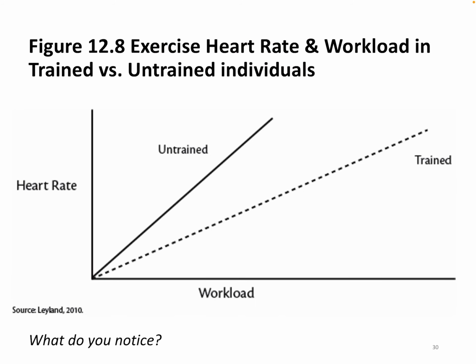Figure 12.8 is showing exercise heart rates in workload in trained versus untrained individuals. And as shown, a trained subject can work at higher workloads than an untrained subject. If you see the dotted line, here's our workload from low to high. At any workload, the trained individual is going to have a lower heart rate than the untrained individual.